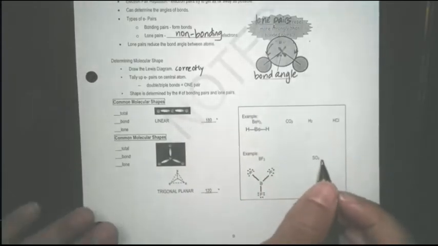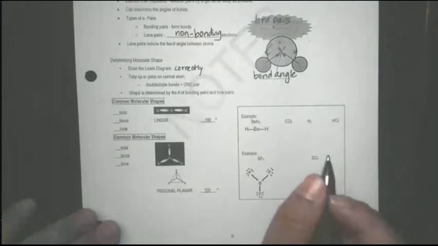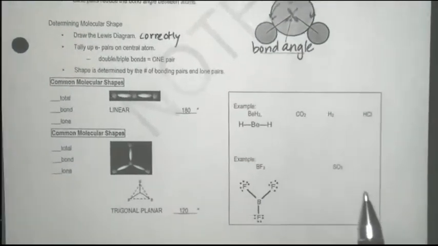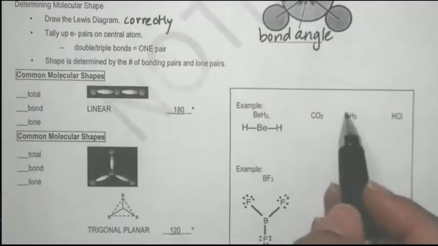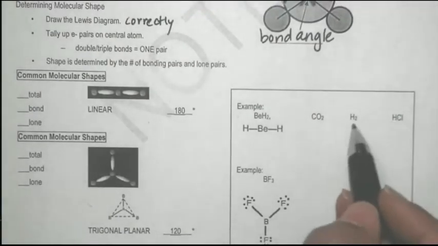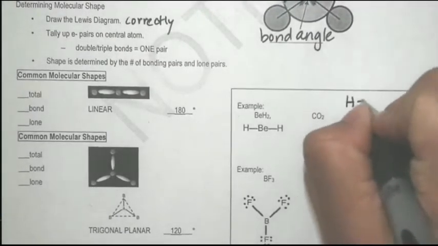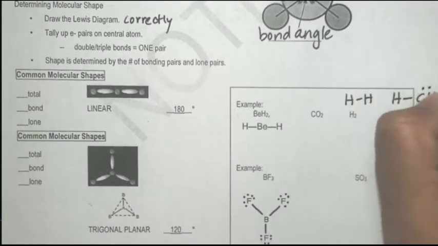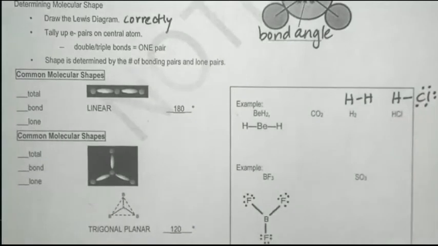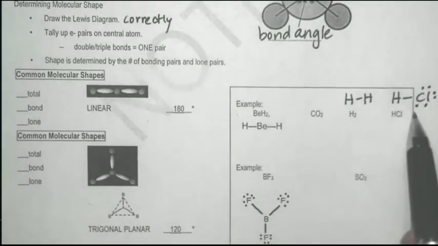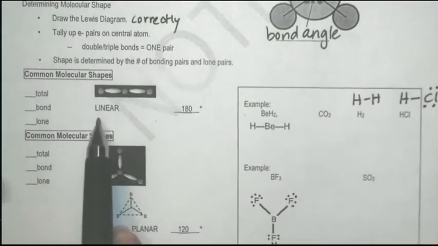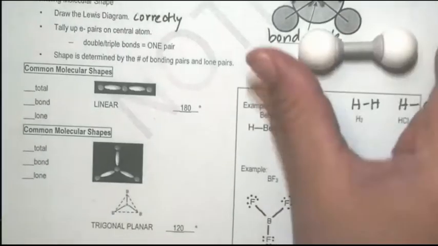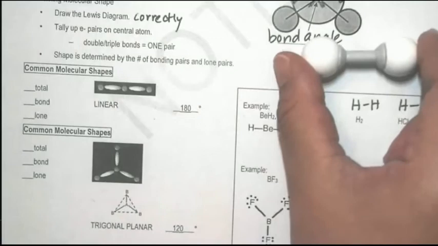There are a couple of examples here that aren't discussed, and I'm going to be adding these. So let's just look at something like H2 and HCl. H2 looks like this, and HCl looks like this. The shape of these two is linear. Why is it linear? Because it looks like a line, straight across.